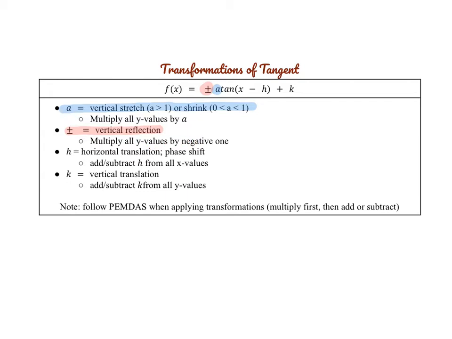You also might see adding or subtracting from x, specifically grouped with x. That's going to be a horizontal translation, and it's going to shift your graph left or right. We can achieve that by adding or subtracting h from our x values. The last would be a vertical translation, that plus k, and we can achieve that by adding or subtracting k from all of our y values.